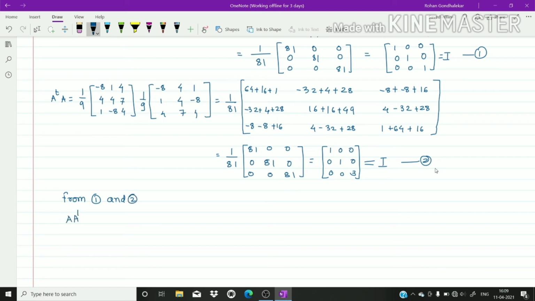A into A transpose is the identity, as well as A transpose into A is identity.